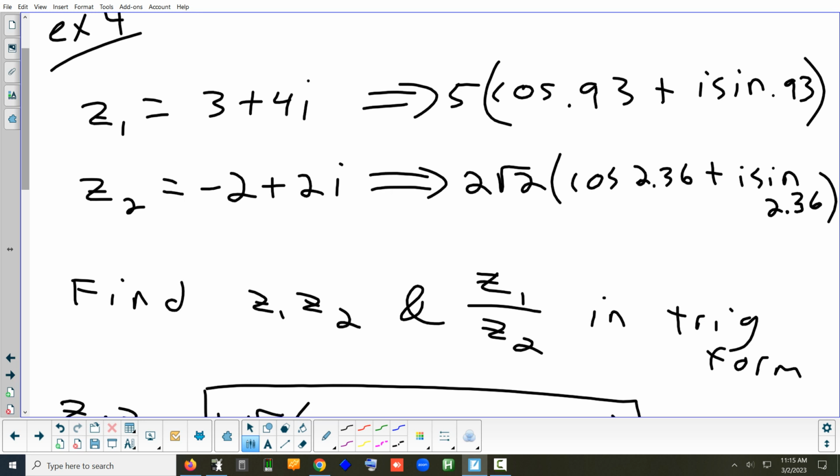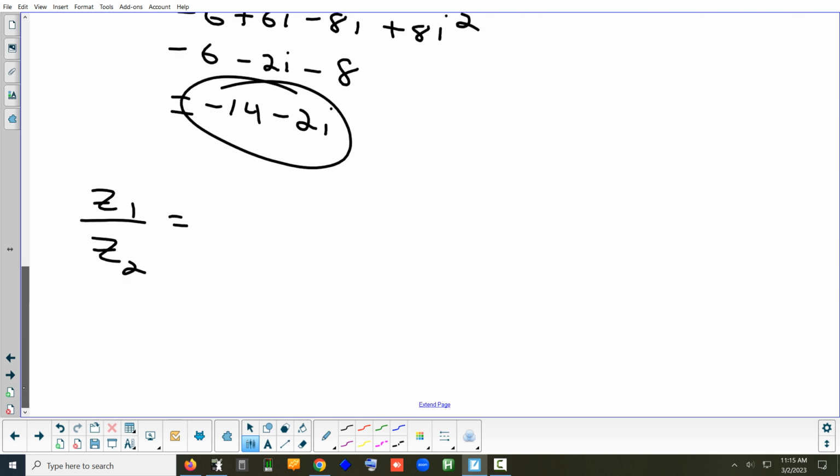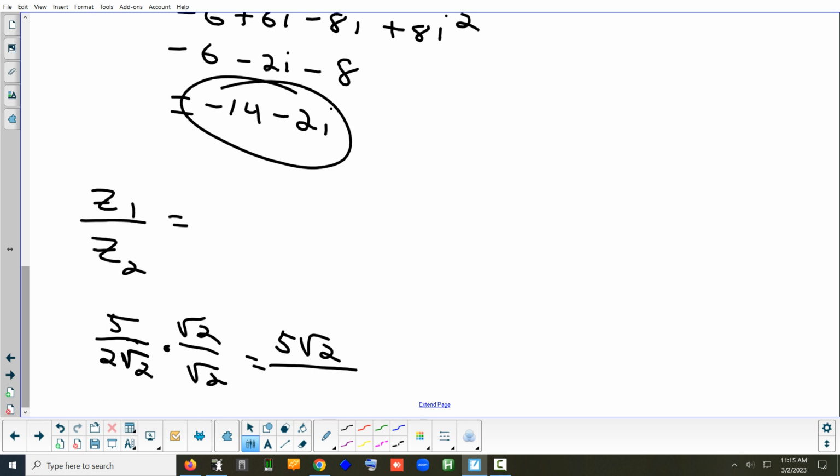I divide them. 5 divided by 2 square roots of 2. That's my new radius. So it's 5 root 2 over 2. We've got to fix that. So that's 5 root 2 in the top, and the bottom is 4. So my new radius is 5 root 2 over 4.